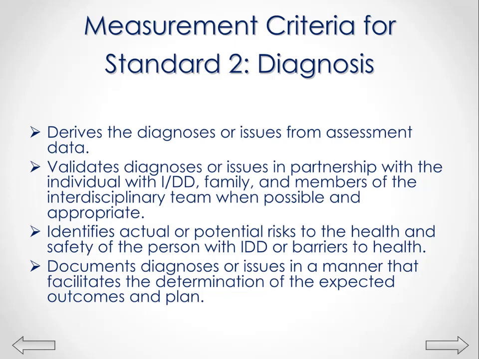Once the nurse has identified the diagnoses or the issues, the registered nurse needs to refer back to the person with a disability, other members of the interdisciplinary team, to validate what they are identifying.